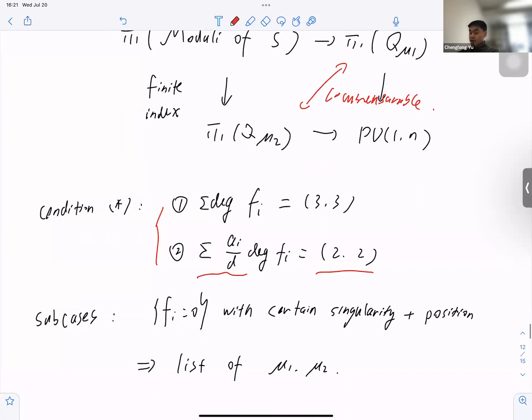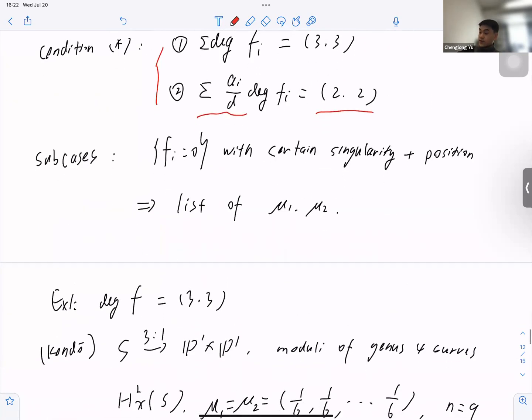And we can also consider some subcases such that these branching curves have some singularities or some special positions. And using this numerical condition, we can give a complete classification of those examples. And then those examples will give us pairs of mu1 and mu2.